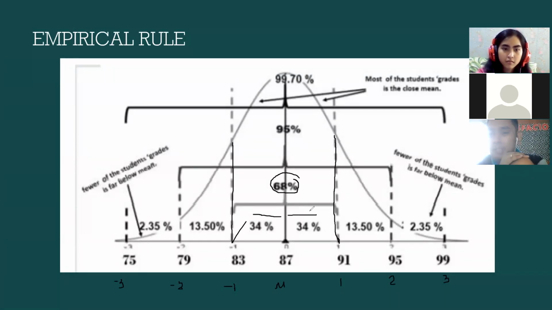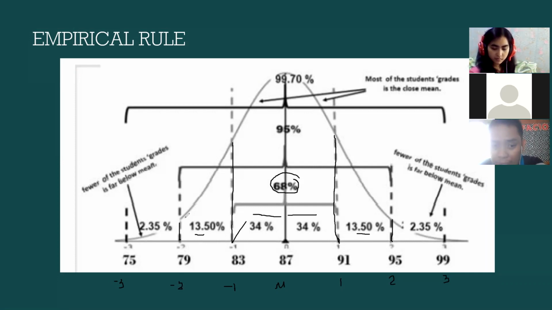Okay po. Ngayon, pag nakarating tayo sa 2, ibig sabihin, mas lumayo pa, madadagdagan siya ng 13.5 bawat side. So, from negative 2 to mean, ang total na niya ay 47.5.